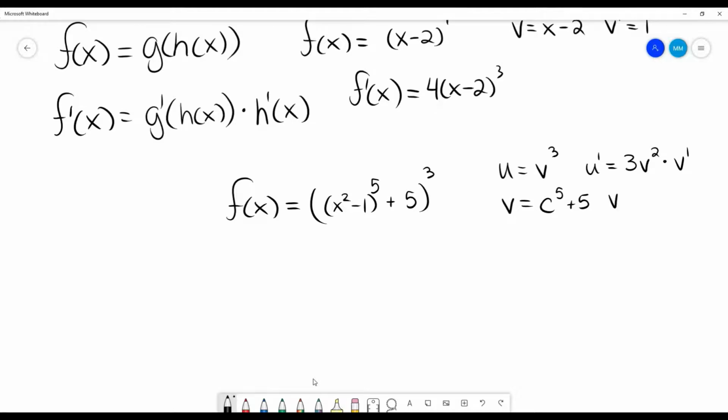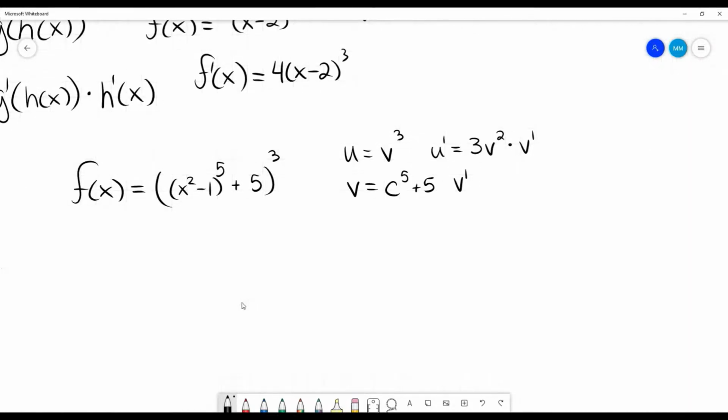So my derivative of v is going to use that power rule, and don't forget to multiply by the derivative of c. And the derivative of a constant is 0, so it's just plus 0, and we don't actually have to write that. Now c is our final little term in here, which is x squared minus 1. I know c prime, the derivative of c, is 2x because of my power rule, and the derivative of a constant is 0. So now I just go backwards and plug that in.